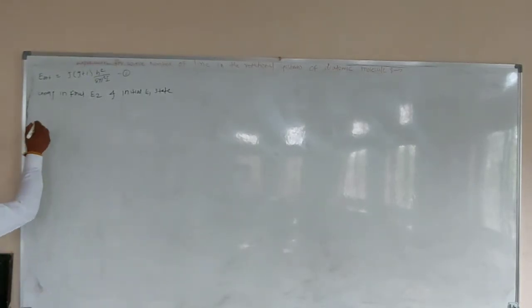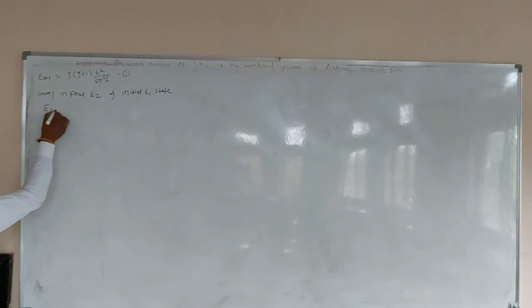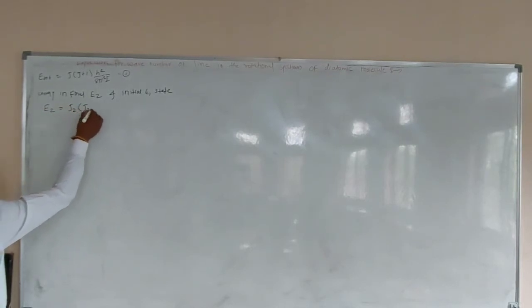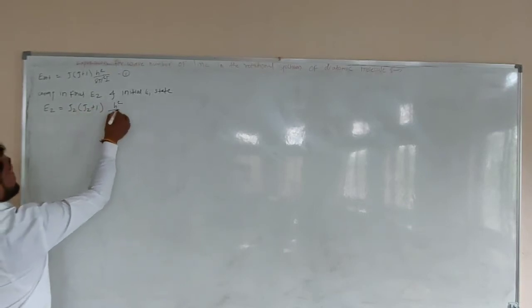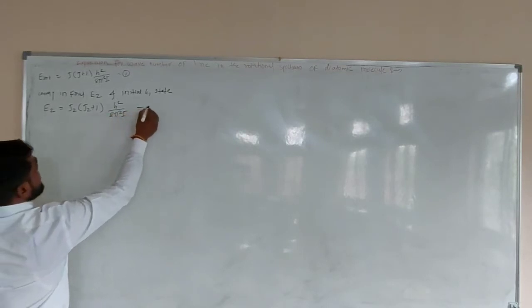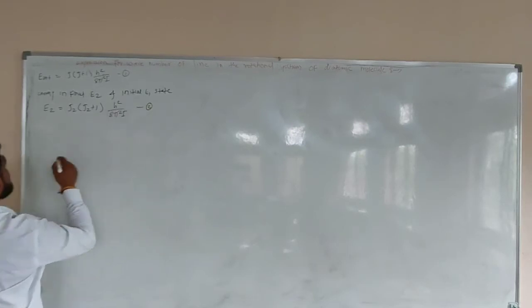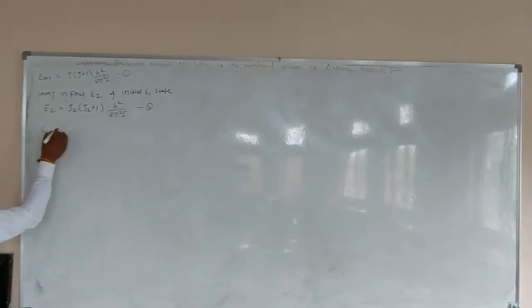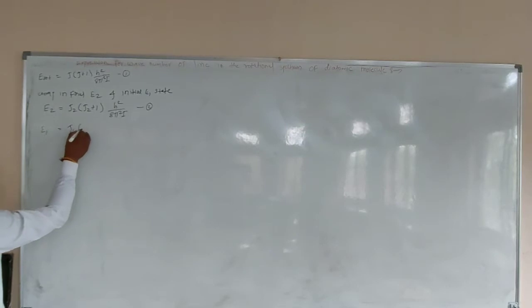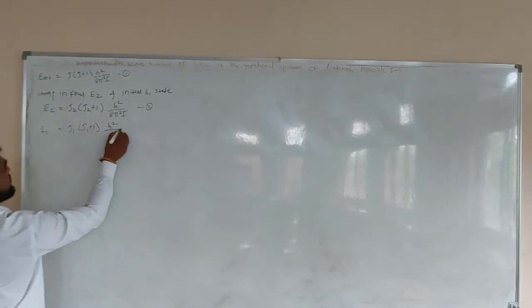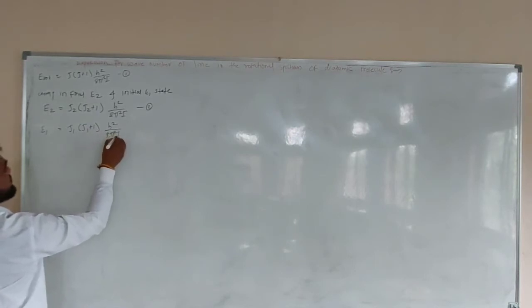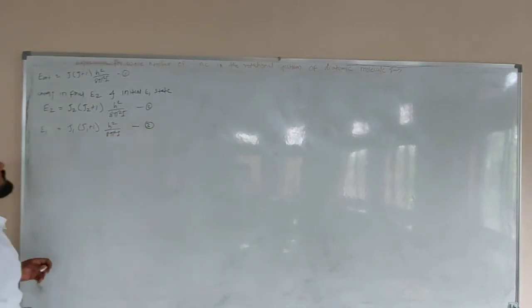For the energy of final state E2, E2 is equal to J2 inside the bracket J2 plus 1 into h square upon 8 pi square I. This is equation number 2, and E1 is equal to J1 into J1 plus 1 into h square upon 8 pi square I. This is equation number 3.